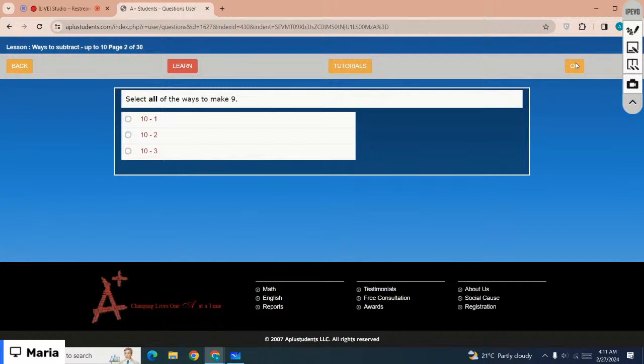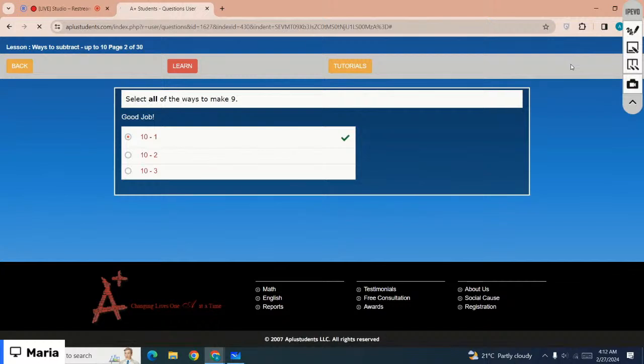Yes, the correct option is 10 take away 1. That's the only option that makes 9. So 10 take away 1 equals 9. Got it? Option number 1 is the correct option.